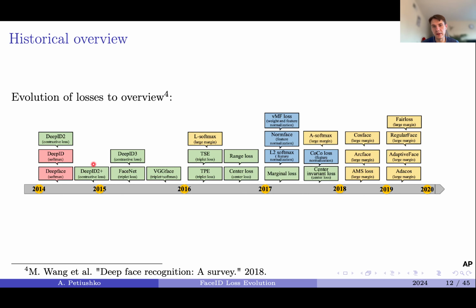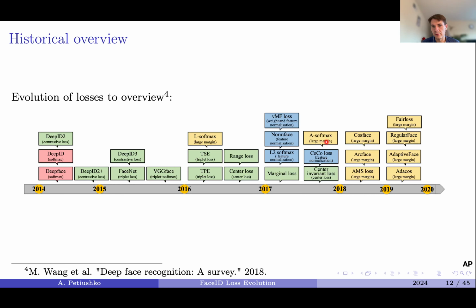So basically speaking, we have here 4 approaches with different colors. Red ones is the first one, where we have the predefined amount of classes which were used for our classifier. So this is simple and pure classification task. The green one is for metric learning based approaches.